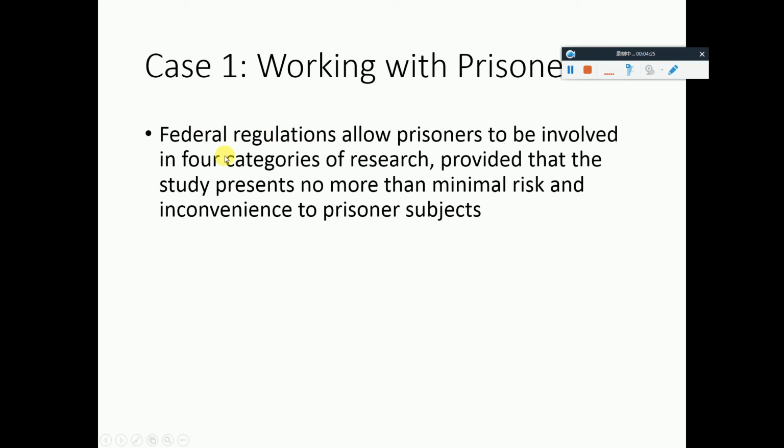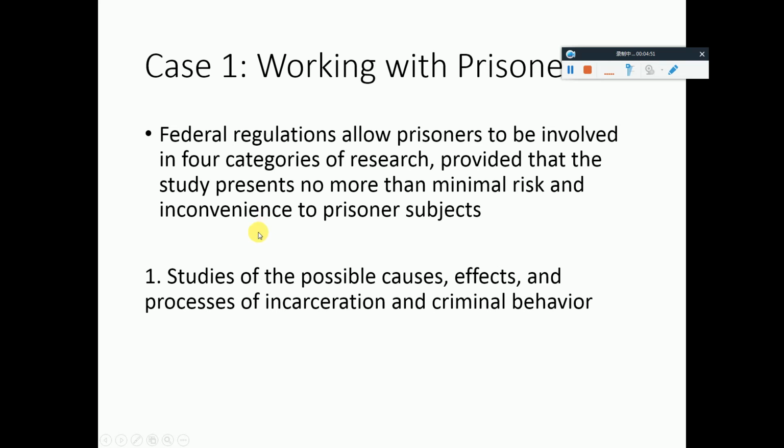Specifically, there are four types of research that the federal regulations consider appropriate for prisoners, provided that the studies present no more than minimal risk and no more than minimal inconvenience to prisoner subjects.